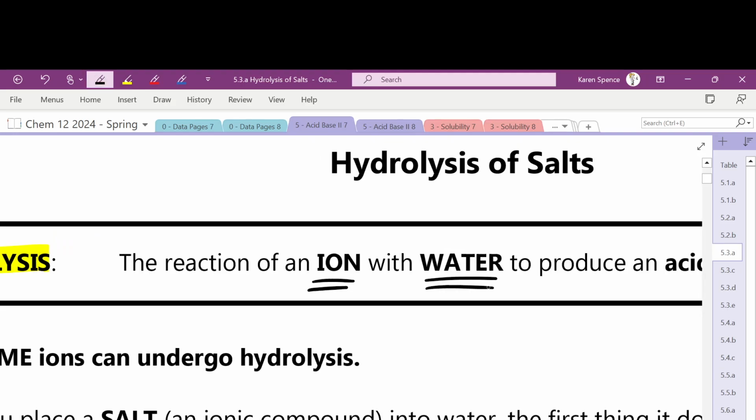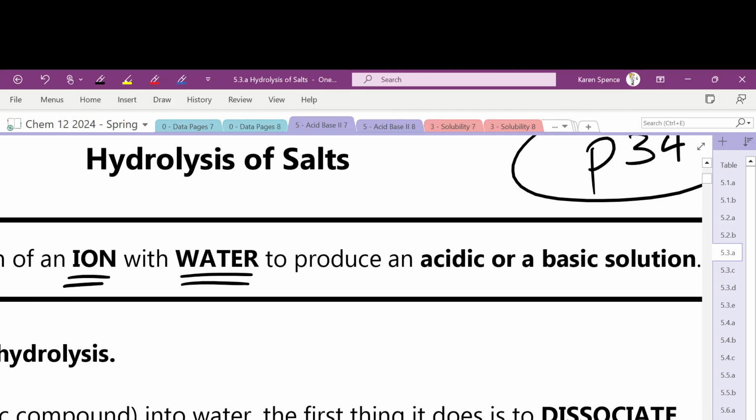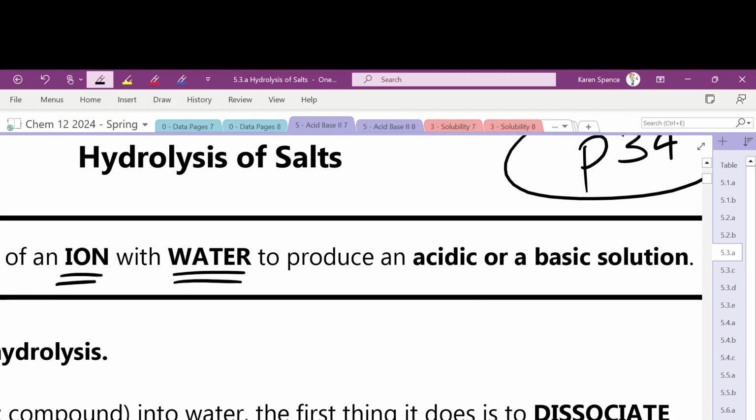What have we just been doing? We've been doing some anions with water, yes? And when you react this ion with water, you get an acidic or a basic solution.